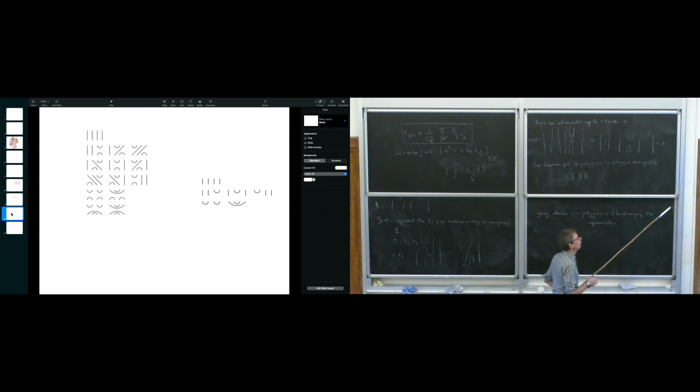9 of them. So if you start asking yourself, how many such words do I have? You have to observe that in the diagram on top, 4 lines are going through. In the diagrams in the middle, 2 lines are going through. That's the subset of diagrams where 2 lines are going through. There's 9 of them. In the diagrams below, no lines are going through.